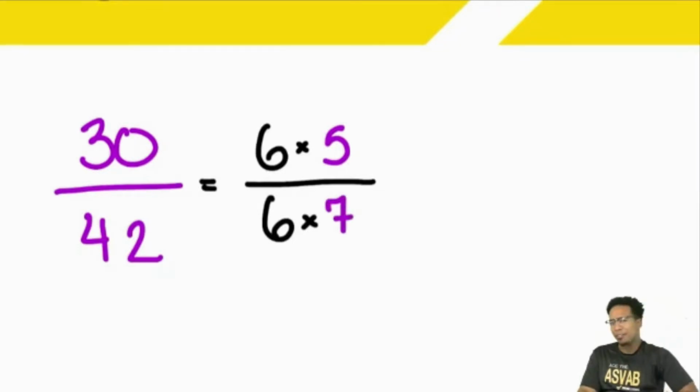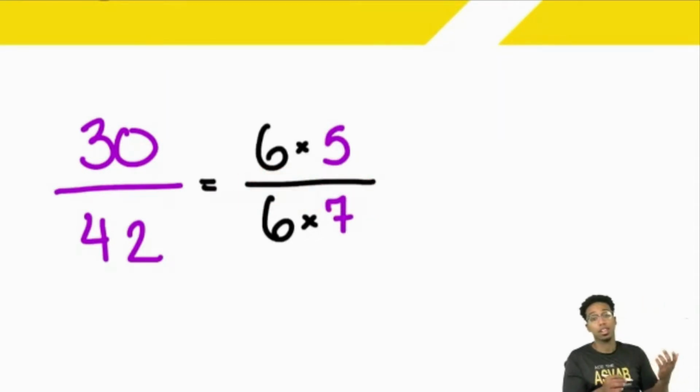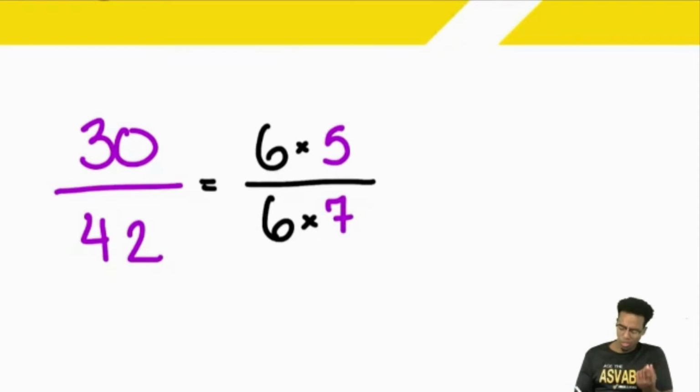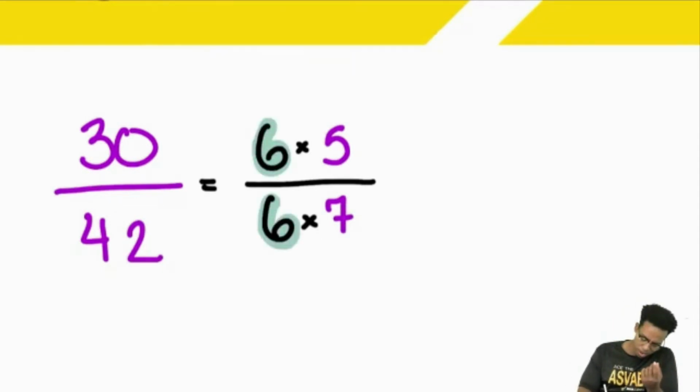Now, just like yesterday, I'm going to refresh you on this. Doesn't that line right there mean division with a fraction? It does. And what happens when you divide the same number by itself?